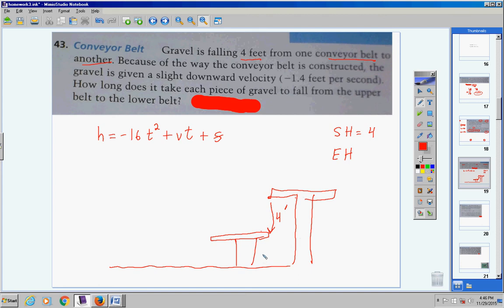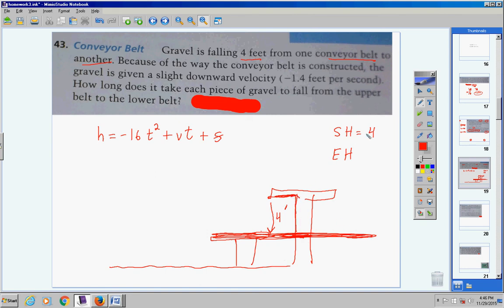So there's no way that you can know the ending height off the ground. So you have to look at this like this conveyor belt here is the ground, because this conveyor belt is not 4 feet off the ground. It's 4 feet above this conveyor belt. So you treat this like it's the ground, and this is like 4 feet above the ground.